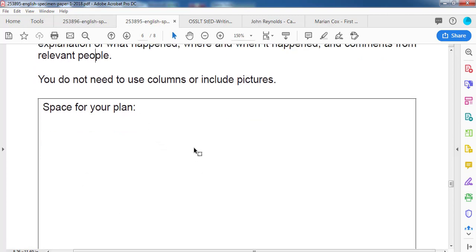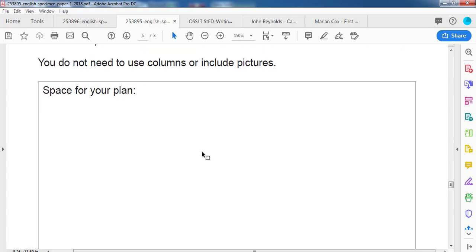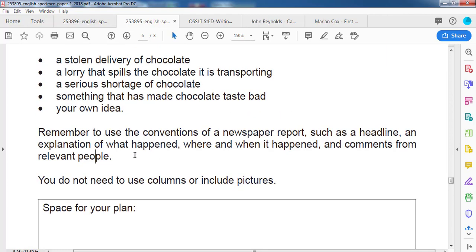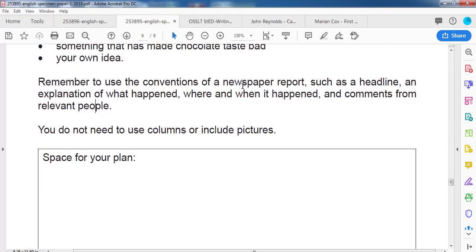In planning, you will brainstorm ideas, locate and edit your mistakes, check your grammar mistakes, and arrange your ideas. So planning is very important.